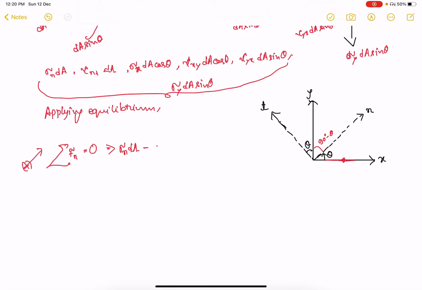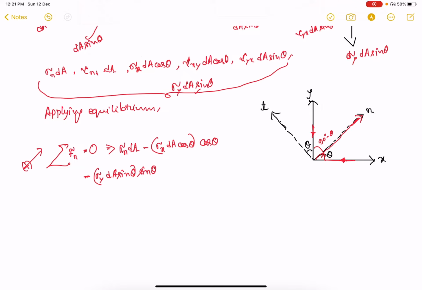So sigma x dA cos theta, multiplied by cos theta to get its component along n. Now minus sigma y. Sigma y dA sin theta is in this direction, so again a minus sign will come, and it is cos of 90 degree minus theta to get its component along the normal direction. So cos of 90 degree minus theta is sine theta.